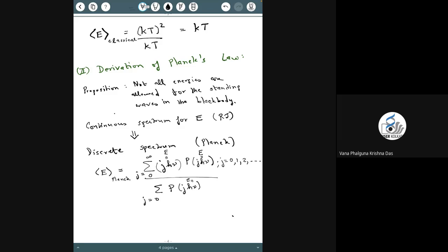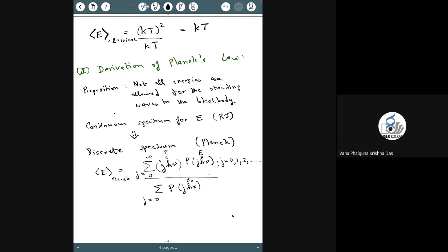So this is the same as before. The difference is going from a continuous spectrum to a discrete spectrum, meaning you cannot have all possible E's. So both your distribution function and your energy itself are discrete. So you have to sum over them now.